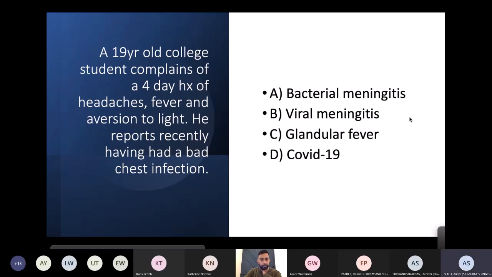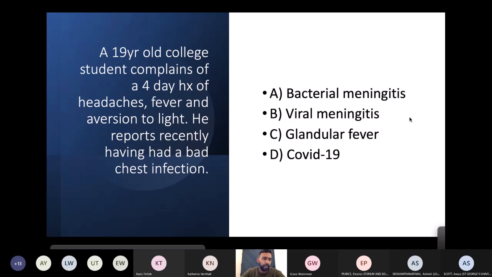So we've got a couple of answers starting to come in. Most people so far are saying A. Okay, so this question is a little bit unfair because I think actually bacterial meningitis in the 19-year-old college student is probably quite common, and that's why you get the meningitis.